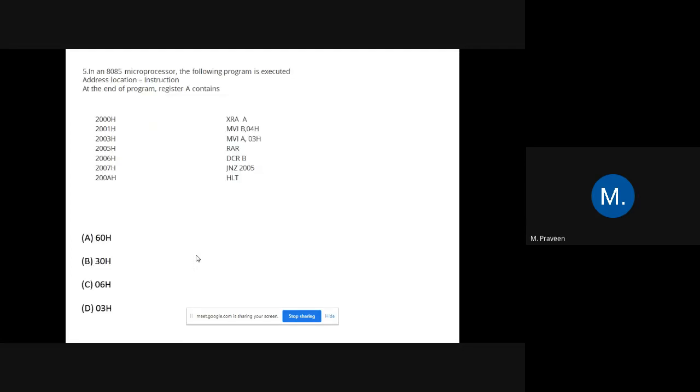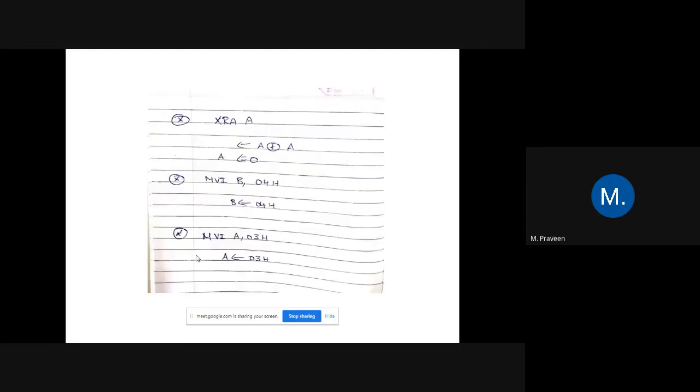So in the first instruction, XOR A means we are doing XOR with A and A. If the instruction is XOR B, then A is XORed with B. But here it is given as XOR A, so A will do XOR with A. Both have the same value, so definitely the answer is going to be 0. So after doing XOR A, now the value of A is 0.